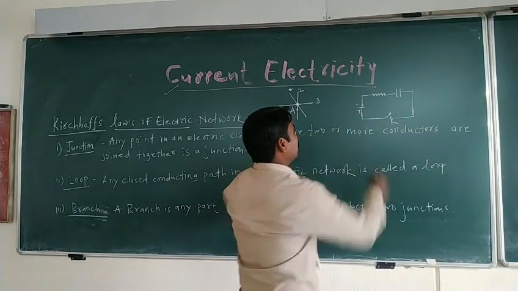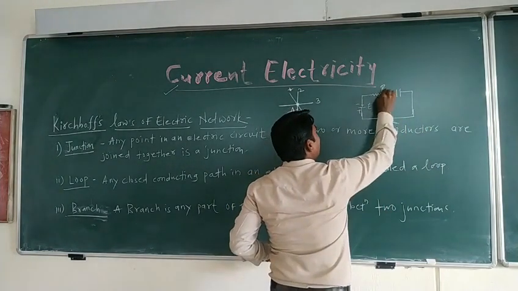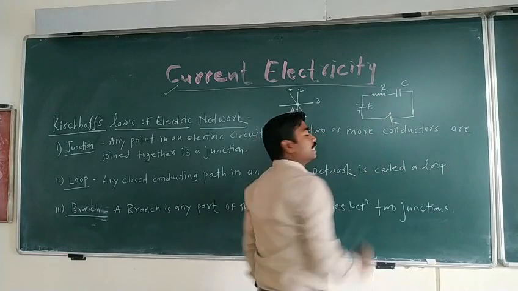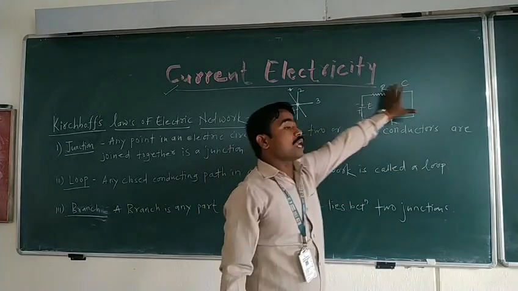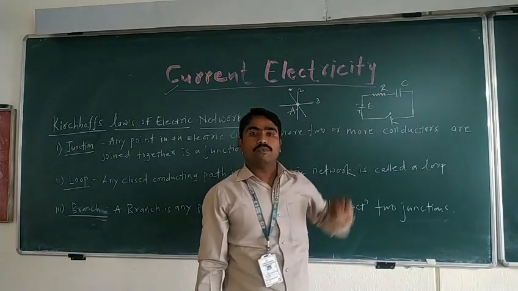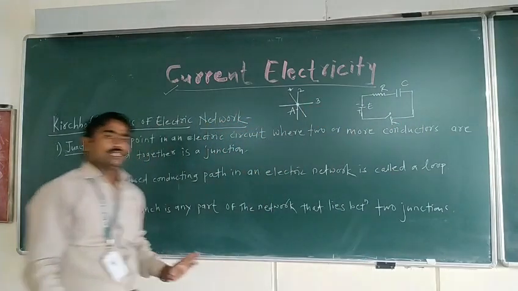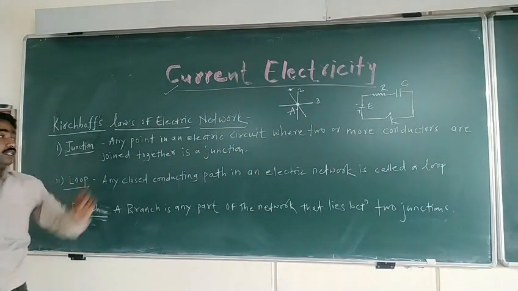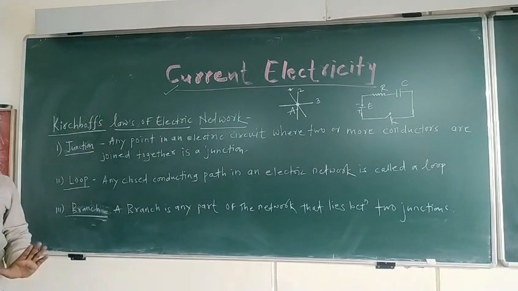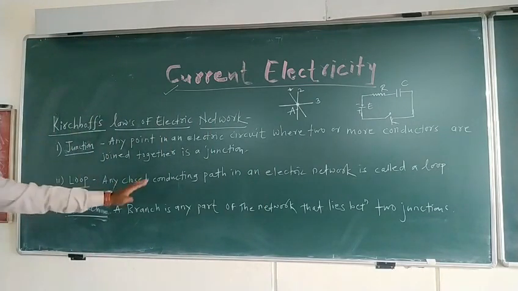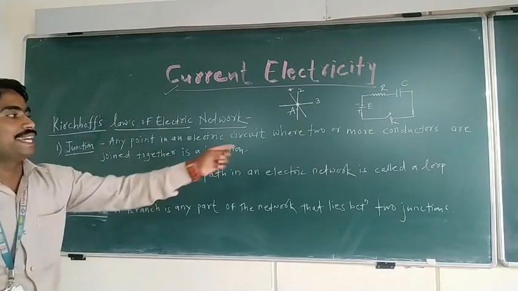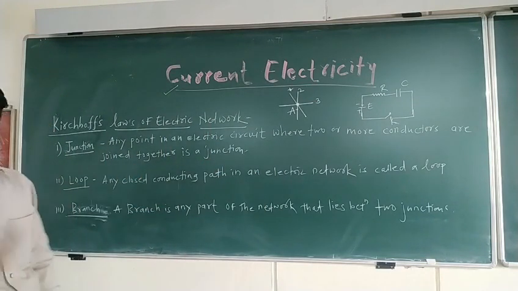This is battery E, resistor R, capacitor C, and key K. This is called a closed loop, or a loop only. It may be closed or unclosed. Any closed conducting path in an electric network is called a loop.